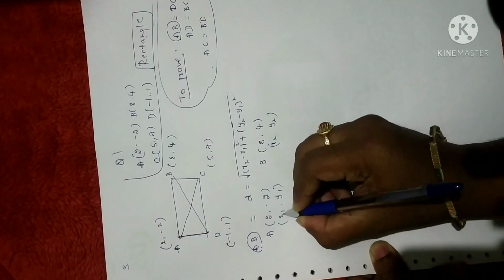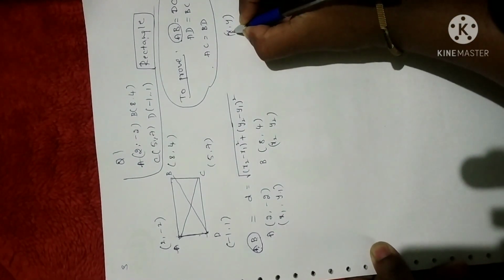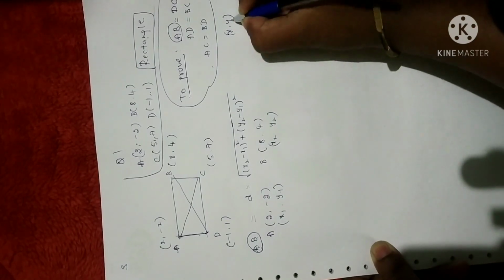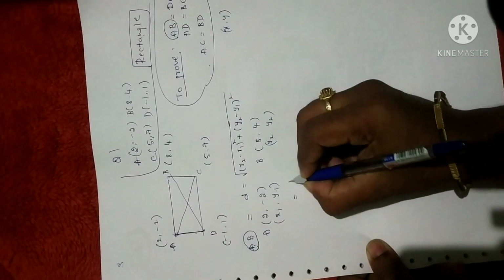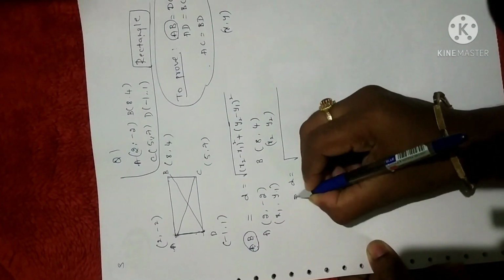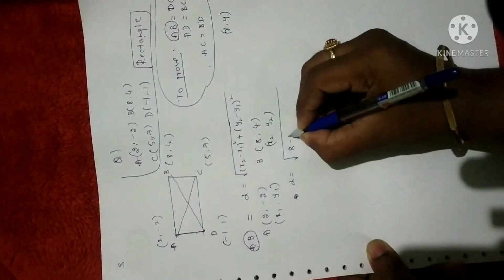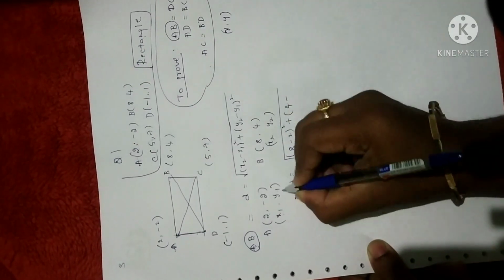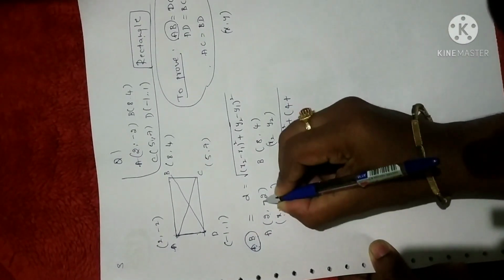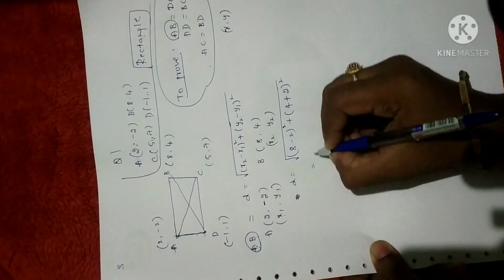Remember, the general form is x comma y. First point has to be taken as x, second point as y. Don't interchange this position. Now let me substitute here. D is equal to square root of x2 is 8 minus x1 is 2 whole square plus y2 is 4 minus y1 is minus 2, since you have minus here, minus of minus is plus 2, whole square.